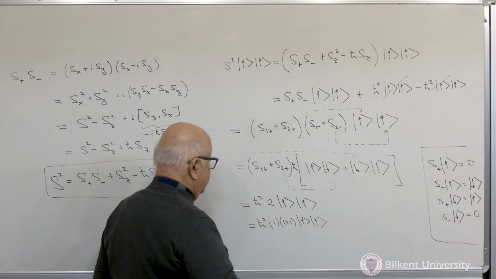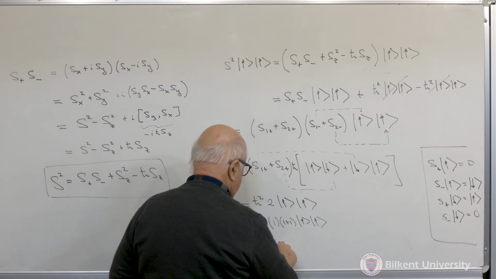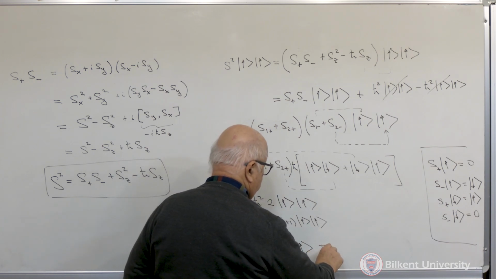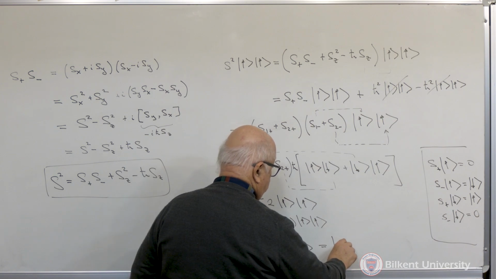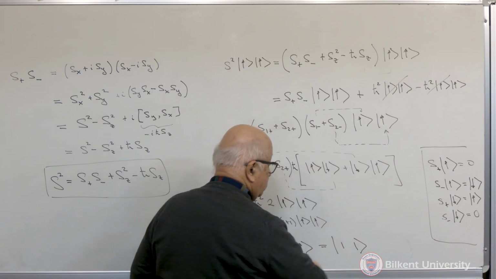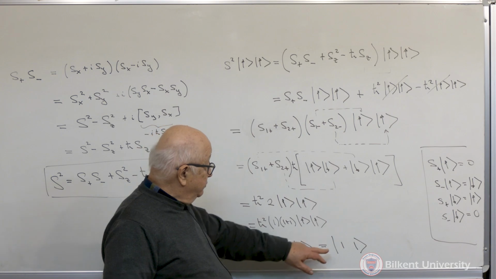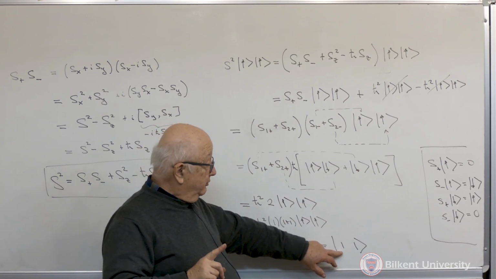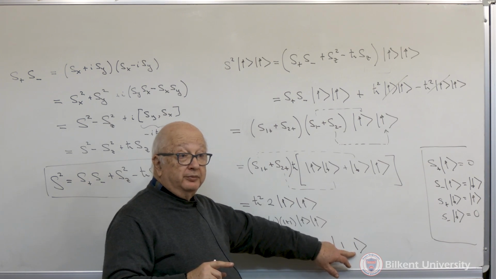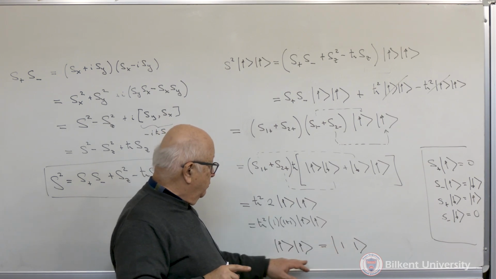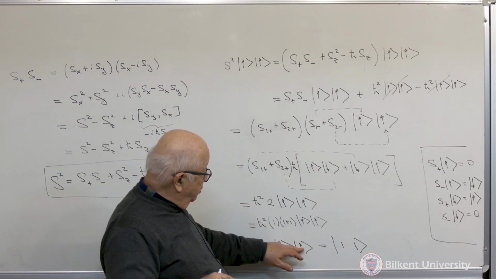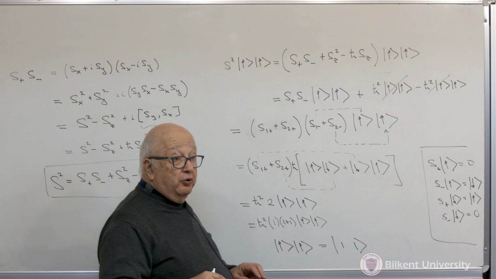Okay, so this says to me that up, up is really equal to the state 1, 1. It corresponds to total angular momentum equal to 1, z component equal to 1. In fact, the z component is easy to check because the z operator just picks out the z components of each one of them.